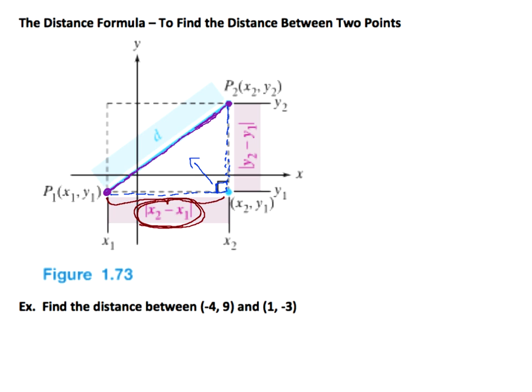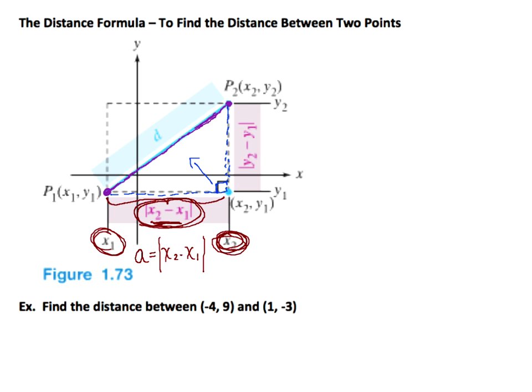And so all we do is start with one of our horizontal locations and subtract the other horizontal location from it to get that difference between the two of them. That will give you the side length A. So this side length A is actually equal to the absolute value of x sub 2 minus x sub 1.